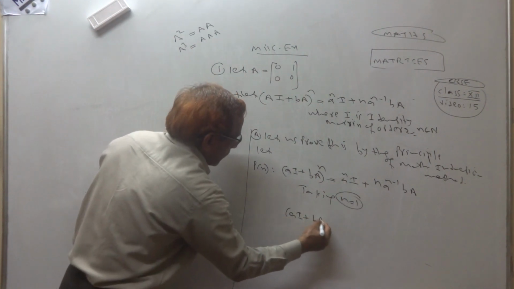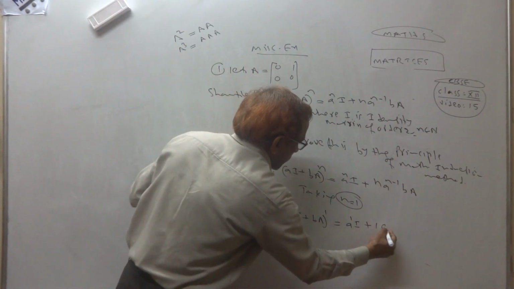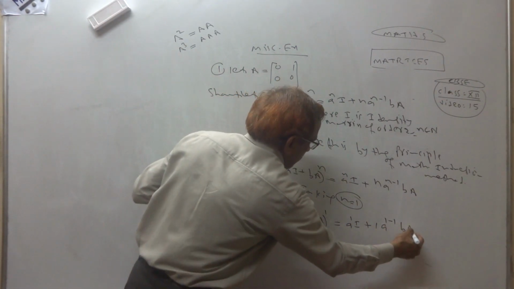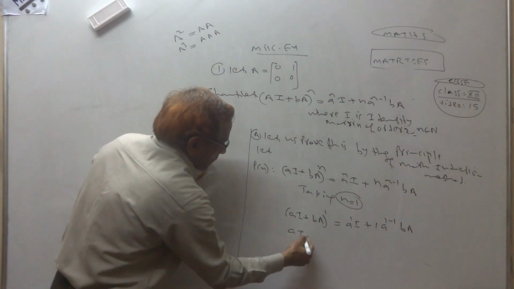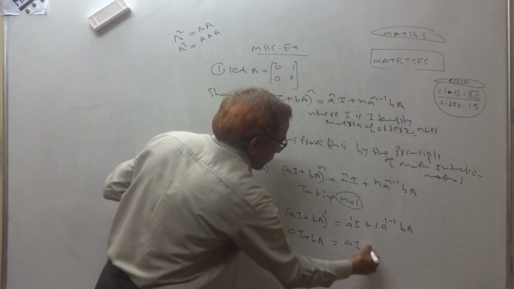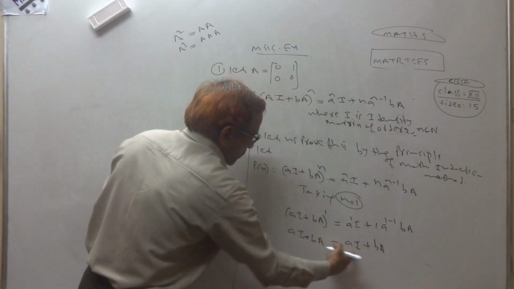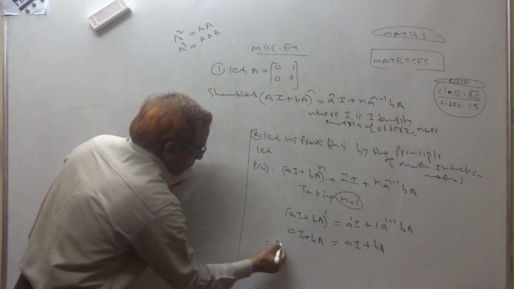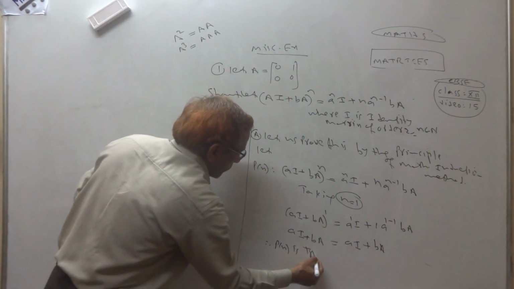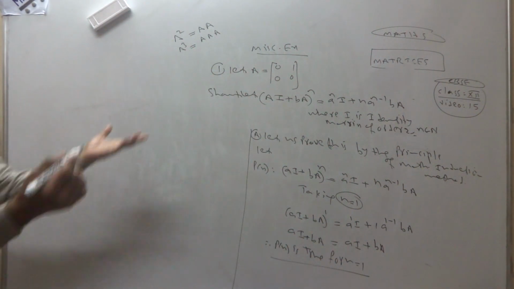(A I + B A)^1 and A^1 I + 1 A^(1-1) B A. So A I + B A on one side, and on the other, A into I is A I, plus A^0 is 1, so B A. Both sides are equal. Therefore P(n) is true for n equal to 1. The first step is completed. Now the second step.